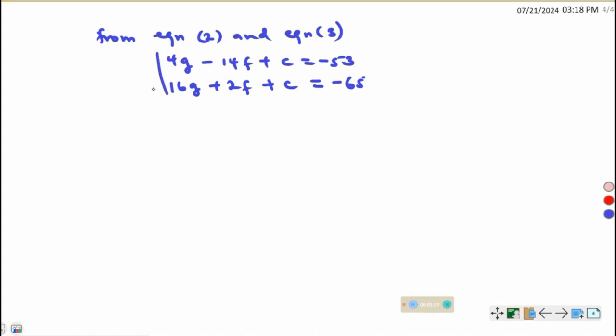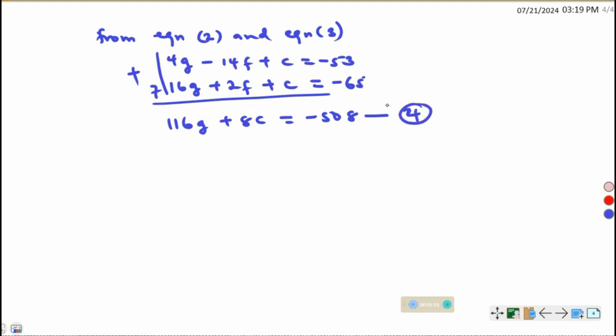From here, if we want to eliminate f, we shall multiply this by 7. We add the two equations, and this one here will be able to give us 116g plus 8c, which is equal to negative 508, and this can be equation number 4.